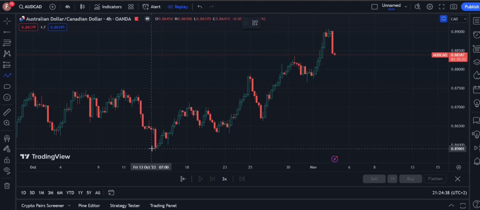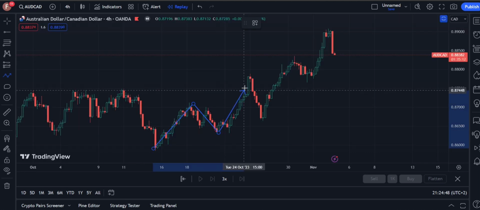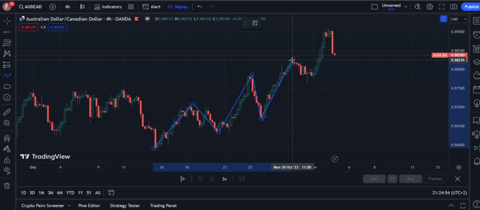You have a move from here to here, and then what do you have here? Here you have a pattern, right? Price came here and then bounced, and then came here, bounced and pushed up and pushed up. But when you look at what happened here, we really can't see what happened here. Yes, it retraced a bit, but it's not major.